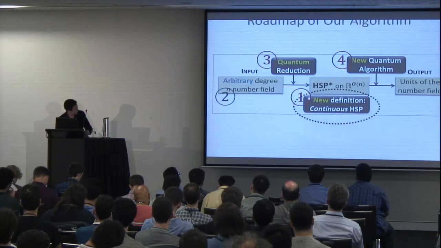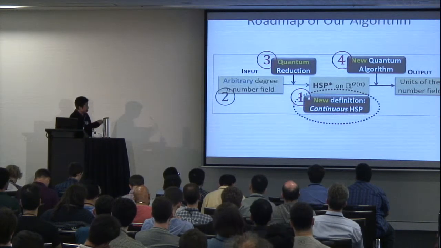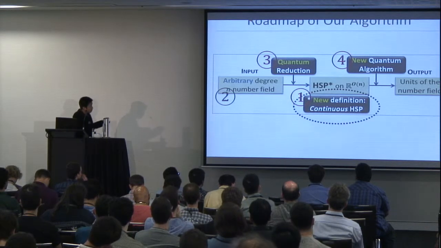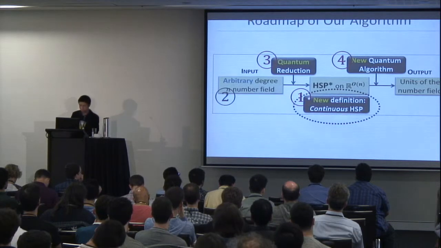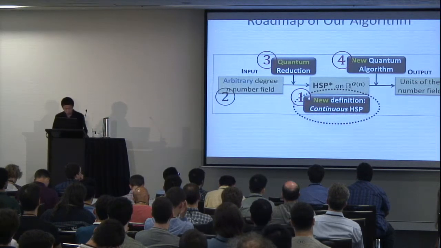All right, so in the rest of the talk, I'll walk you through our quantum algorithm, and let me start from our new definition for the hidden subgroup problem. So what does HSP mean?